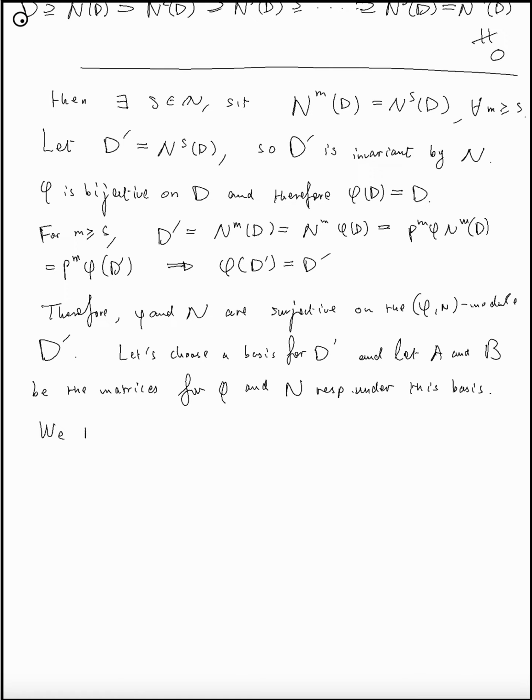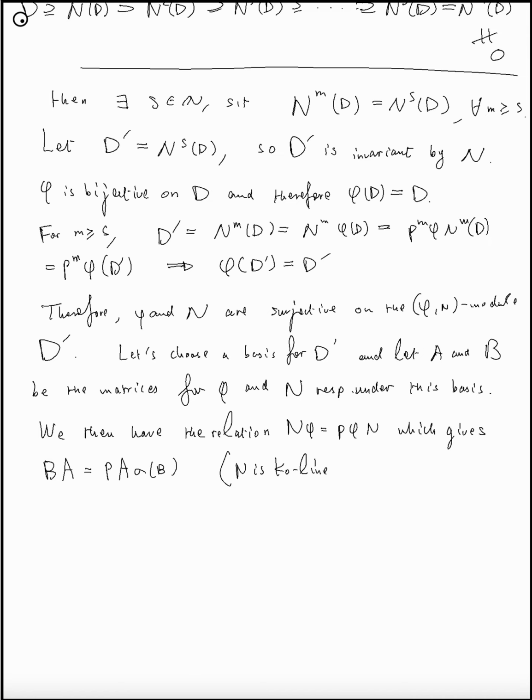We then have the relation N phi equals p phi N, which gives BA equals p A sigma B, because N is linear but phi is semi-linear.